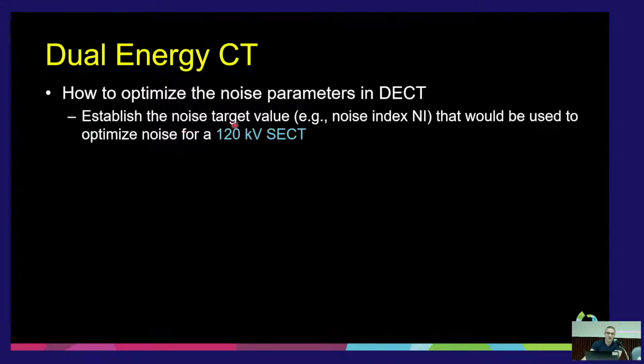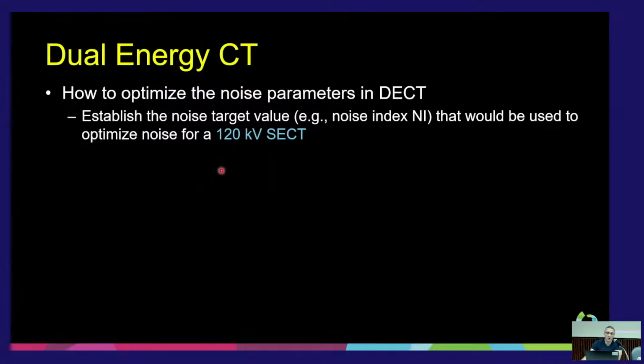How do we optimize the noise parameters in dual energy CT? We need to establish those noise targets. Noise index, as an example for GE, would be used to optimize noise for 120 kV. So you want to pick whatever noise index you would normally have if you were imaging a patient with a normal single energy 120 kV acquisition, even though you're going to acquire it at 140 and 80 kV, fast switched.